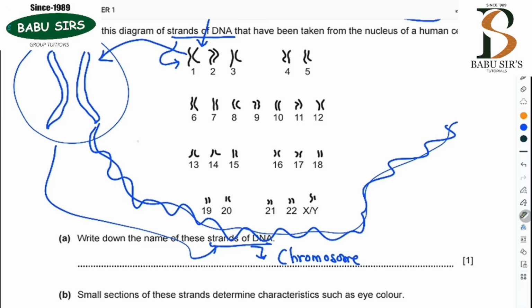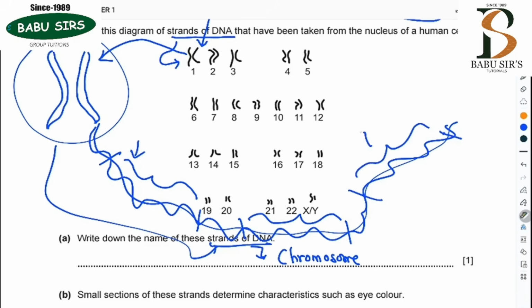Now what I have drawn here are strands of DNA. From that you are having different parts. This is one part, a smaller section. This is another part, a smaller section. This is another part, one more smaller section.